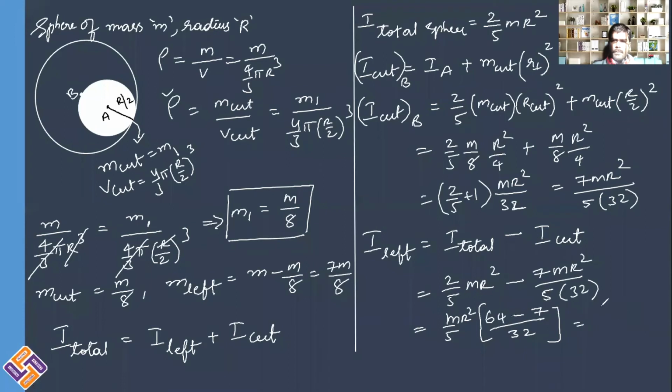This is equal to 64 minus 7, 57, mr square divided by 5 into 32, which is 160, so 57 mr square by 160. So this is the moment of inertia of the left portion.